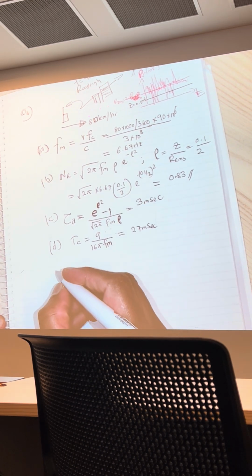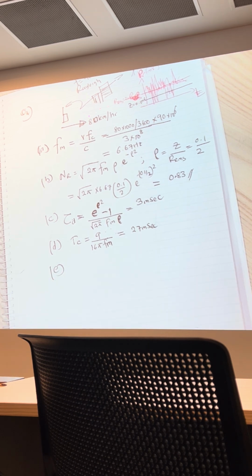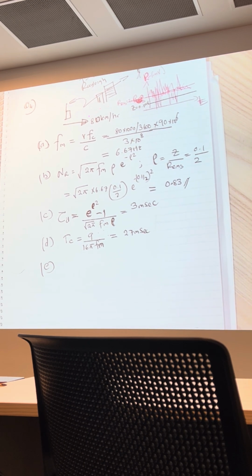So then part E. Based on the value of this coherence time TC, we can relatively classify a wireless channel, whether it's a fast fading channel or a slow fading channel, right?